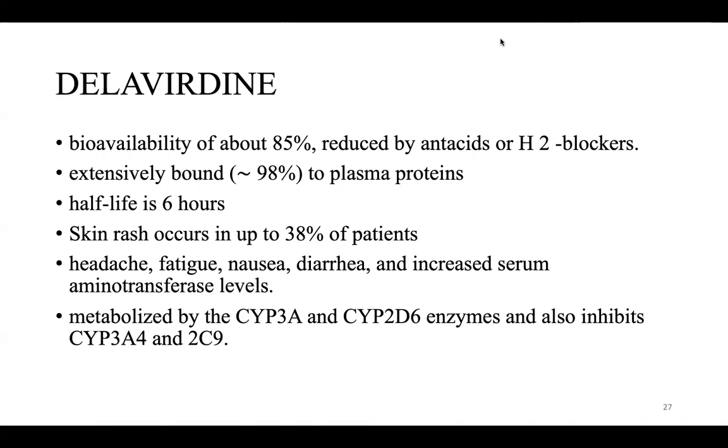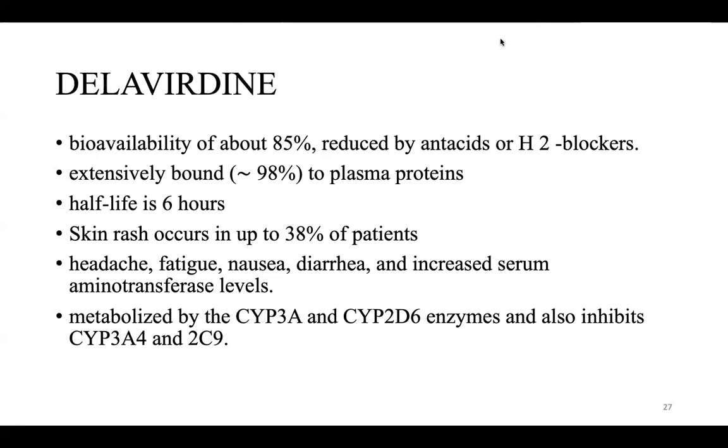Skin rash occurs in up to 40% of patients receiving delavirdine. It typically occurs during the first weeks of therapy and doesn't preclude rechallenge. Other possible side effects are nausea, diarrhea, headache, and increased serum aminotransferase levels.